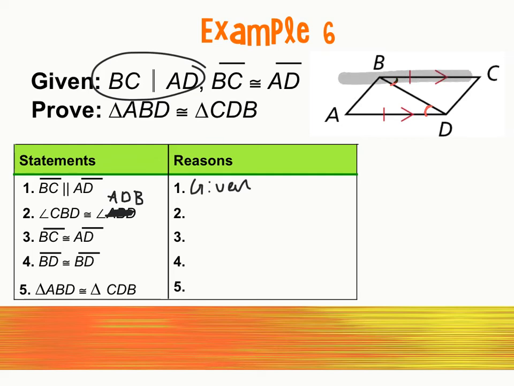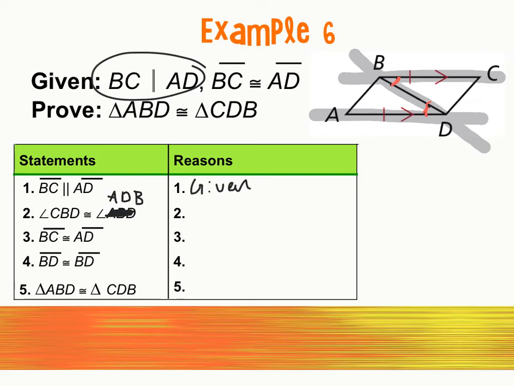If we look at this line here and this line here, we know that they are parallel. We can cut these two lines by the transversal BD, and therefore we know that these two angles, CBD and ADB, would then be alternate interior angles, and we know that alternate interior angles are congruent.